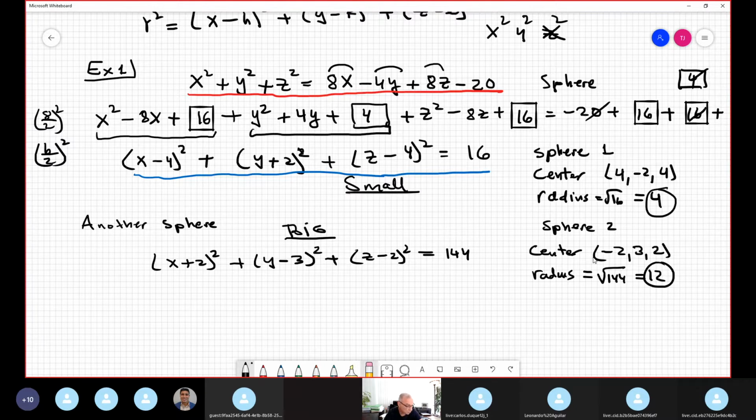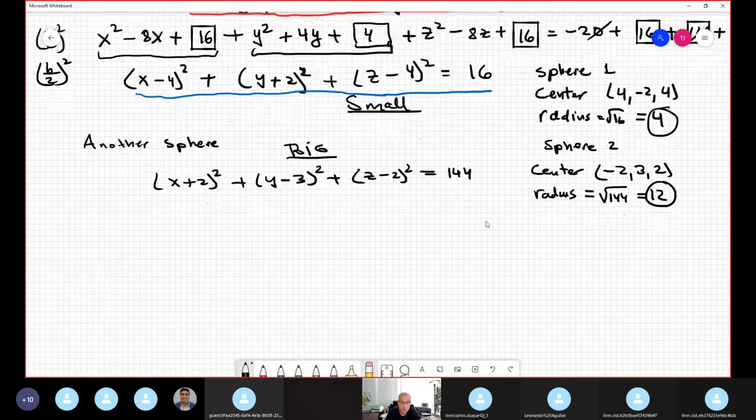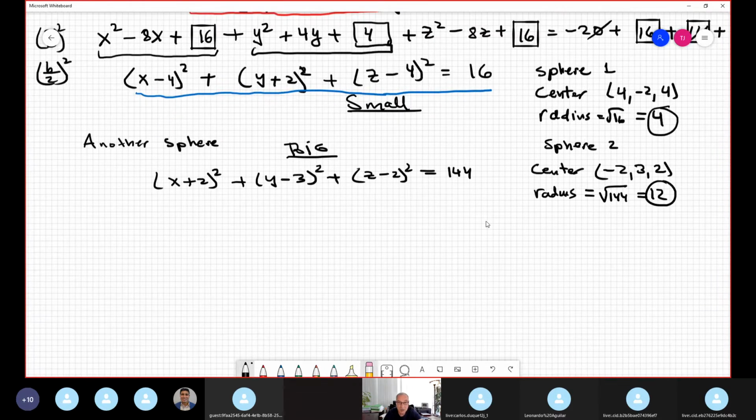Using my common sense and my imagination, suppose the big sphere totally contains the small sphere. What is the situation? You have the big sphere, the center is located at one specific point, and the radius is 12.